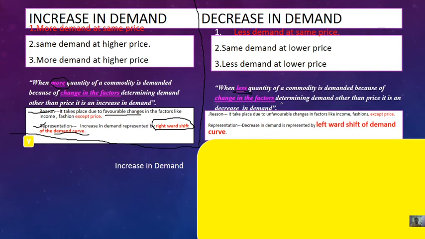Then what is the reason why there is a decrease in demand? Because of unfavorable changes. In increase in demand there are favorable changes in factors, but in decreasing demand there are unfavorable changes in factors like income, fashion, except price.